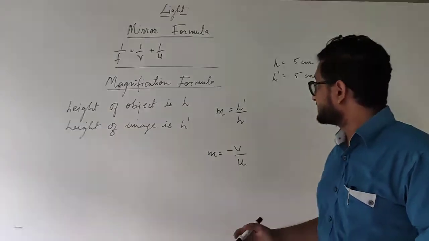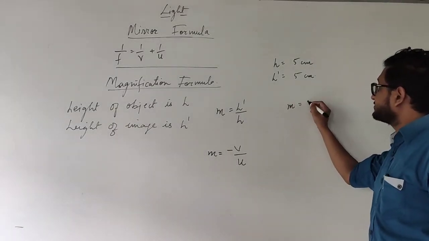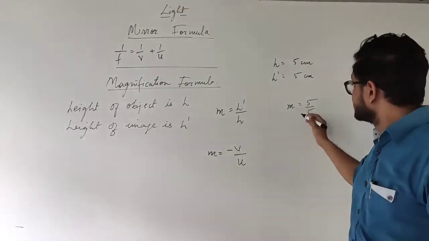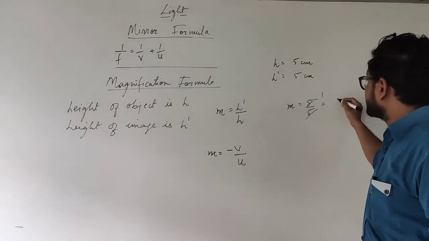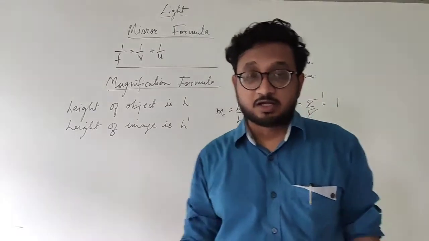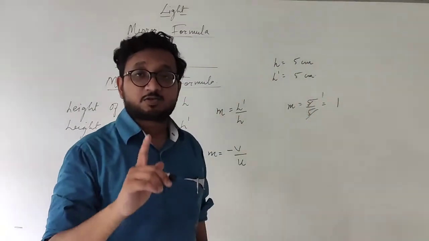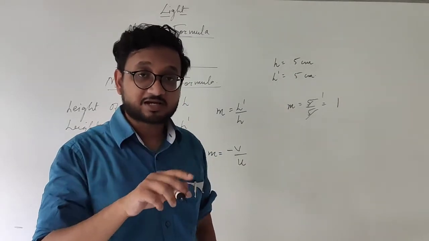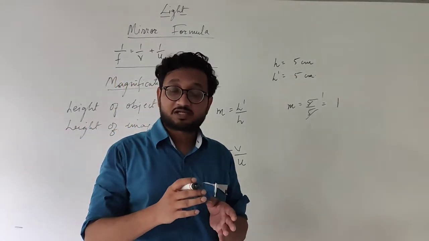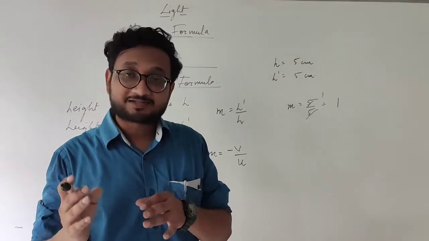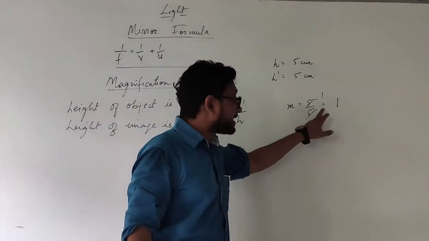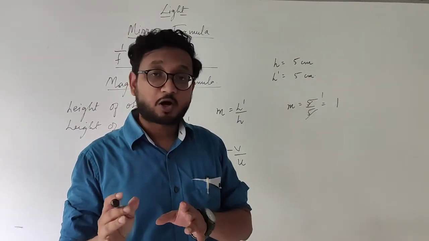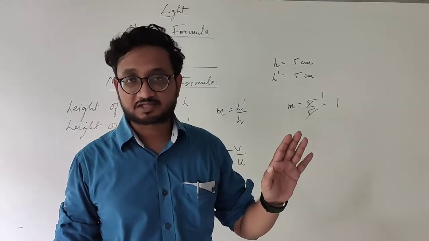Then finding the magnification, magnification m is given by 5 centimeters upon 5, height of image upon height of object. So it is 5 by 5, 1. So you get the magnification as 1. Whenever the magnification is 1, there is no magnification, which means that the image is neither enlarged nor diminished. So if you get the magnification as 1, then the image is not enlarged or diminished. So there is no magnification.